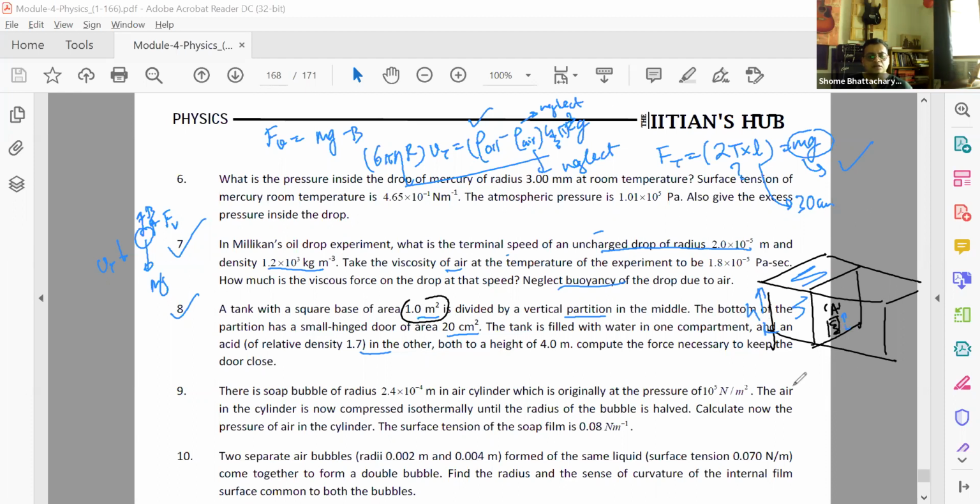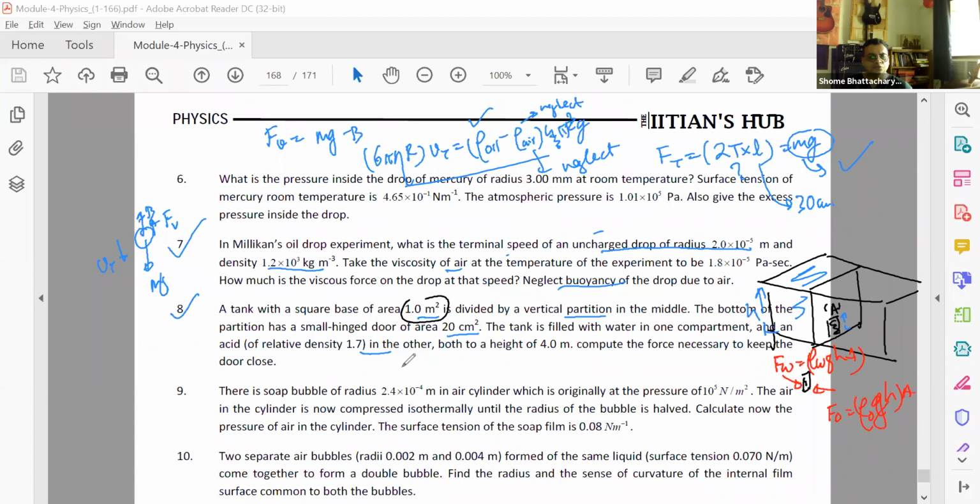So on the door from either side, there is almost a uniform pressure into area acting, because the door size is negligible compared to the total depth of water on one side and acid on the other. Water is applying a force of density of water into g into h into area, and acid is applying a force from the other side of density of acid into g into h into area.